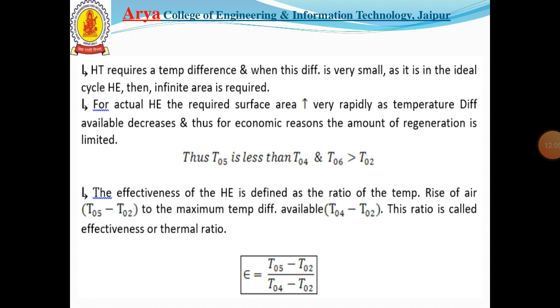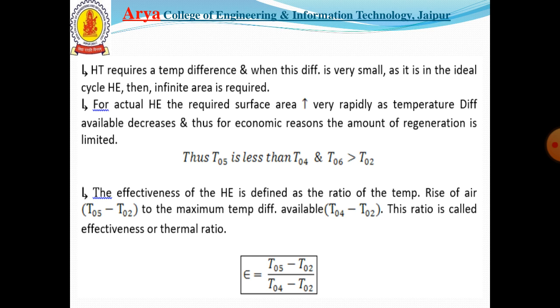Heat transfer requires a temperature difference, and when this is very small, as it is in the ideal cycle heat exchanger, then infinite area is required. For an actual heat exchanger, the required surface area increases very rapidly as the temperature difference available decreases, and thus for economic reasons the amount of regeneration is limited. Thus T05 is less than T04 and T06 is greater than T02.